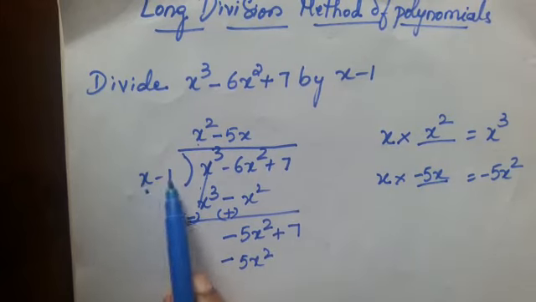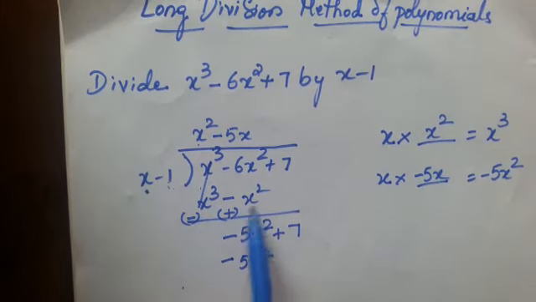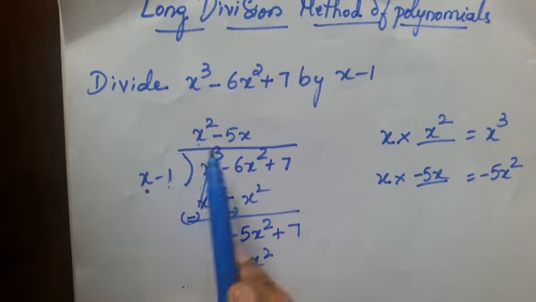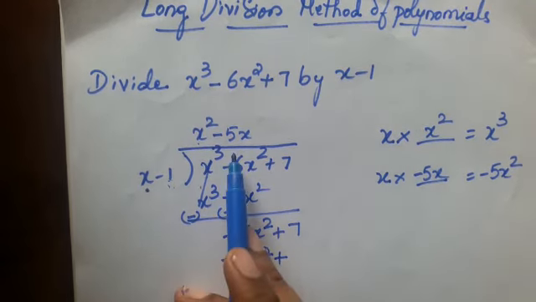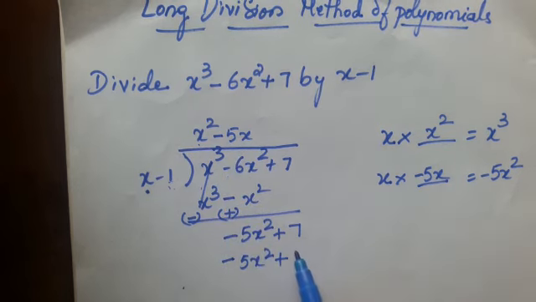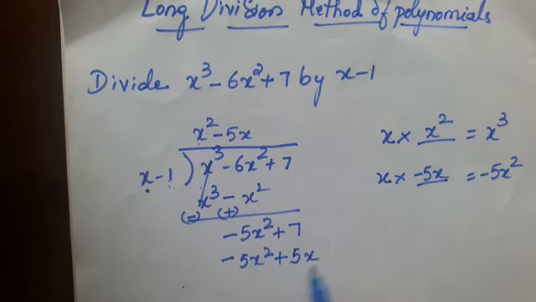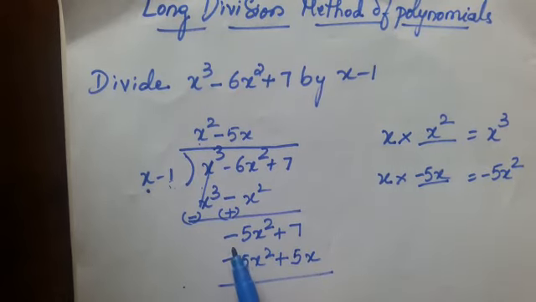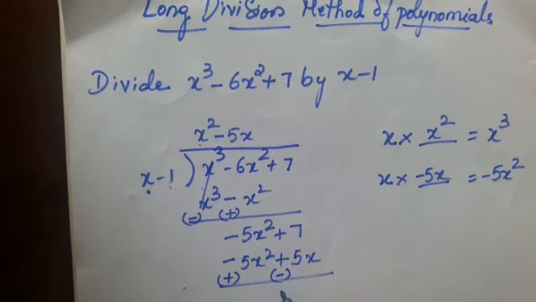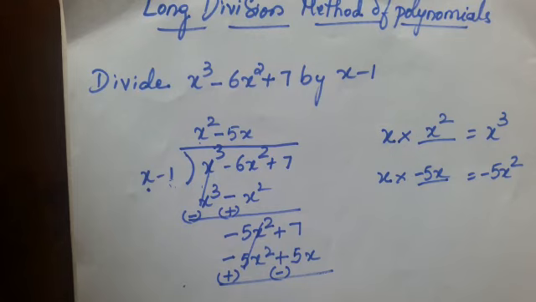So now plus into minus, minus 5x into x, minus 5x square. Again we have to multiply both the terms as we did in this. So minus into minus is plus, 1 into 5x is 5x, right? Now both are negative, so we will change this sign to positive, and this plus will become minus. So minus 5x square plus 5x square both will get cancelled.